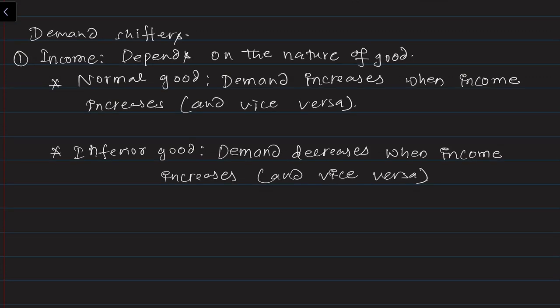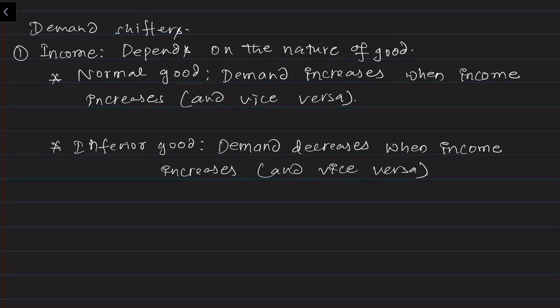A few examples of inferior goods are second-hand stuff or unhealthy food items like instant noodles. So for the normal good, demand increases, which means the demand curve will shift to the right, and for inferior good, demand decreases, so the demand curve will shift to the left.